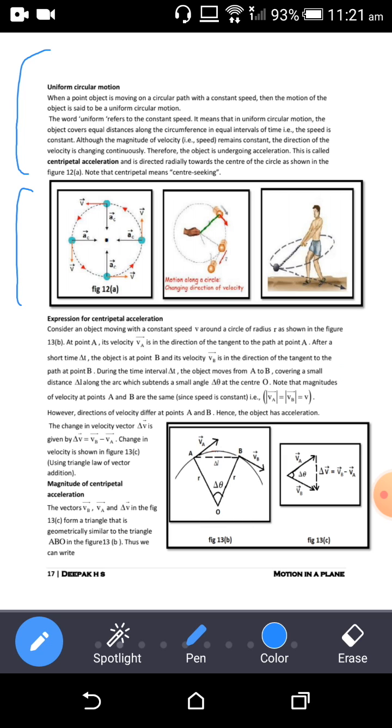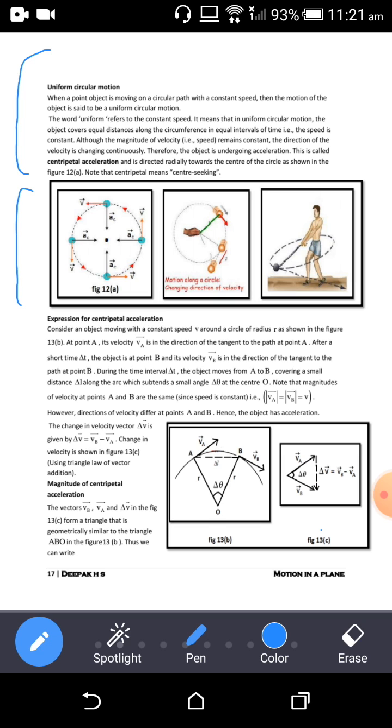Here we have considered the same thing. We have drawn another figure, where you can see this is the vector vA and this is the vector vB, and we have made an angle delta theta between vector vA and vector vB. That difference, delta v vector, is expressed as vector vB minus vector vA.